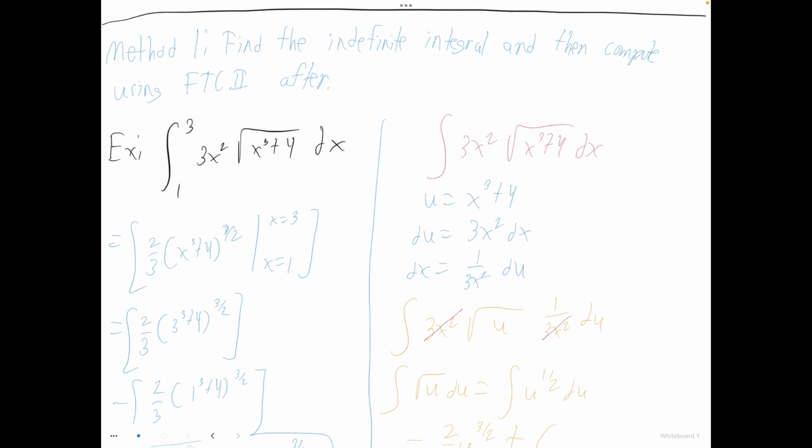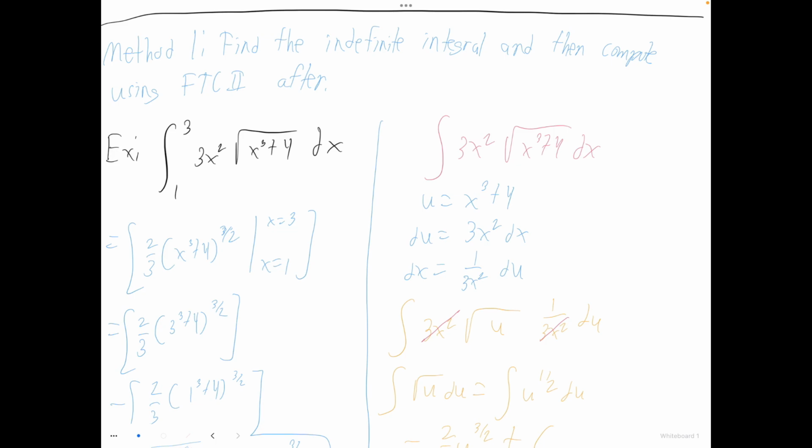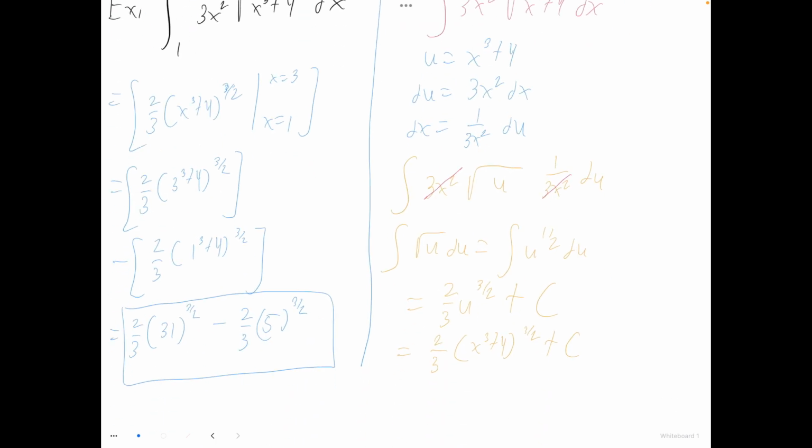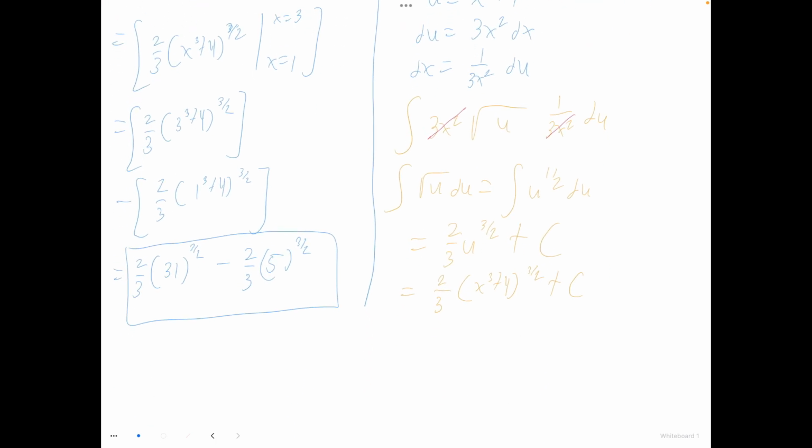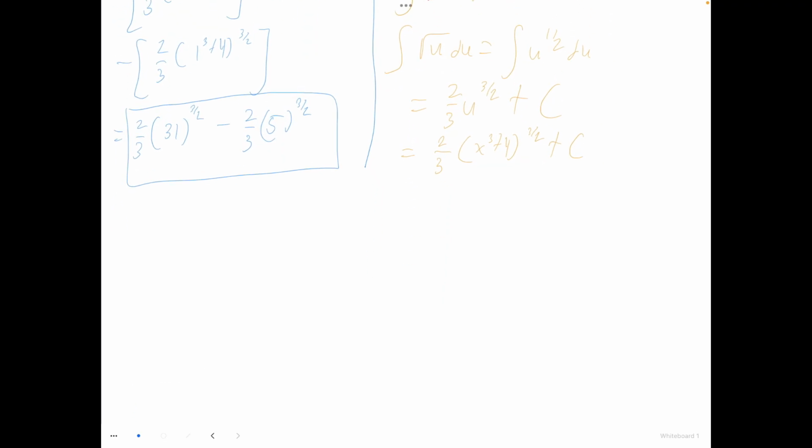We just do everything we were doing before, and then after we've found the antiderivative, meaning gone back to x and everything, we then just plug in the bounds. Okay? So now we're going to mention the second method.